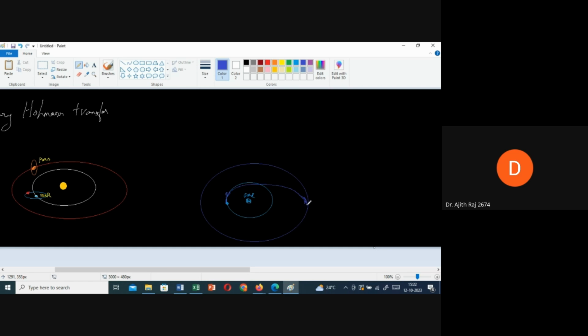You will do the calculations in such a way that the perigee point is very close to the next orbit. One thing you have to very clearly understand here is, still we are not entering into the escape velocity. Once you give the escape velocity of 11.6, then of course you cannot control the spacecraft.